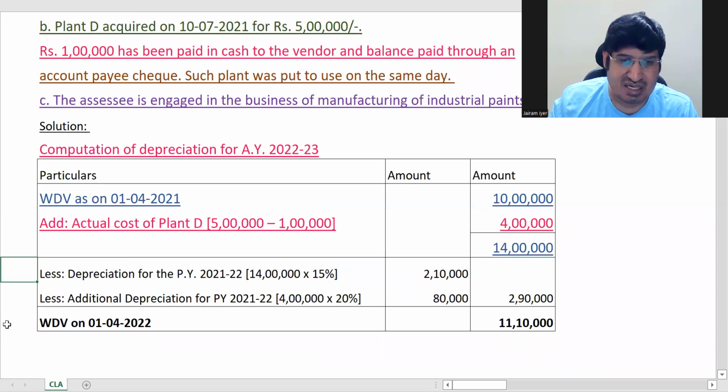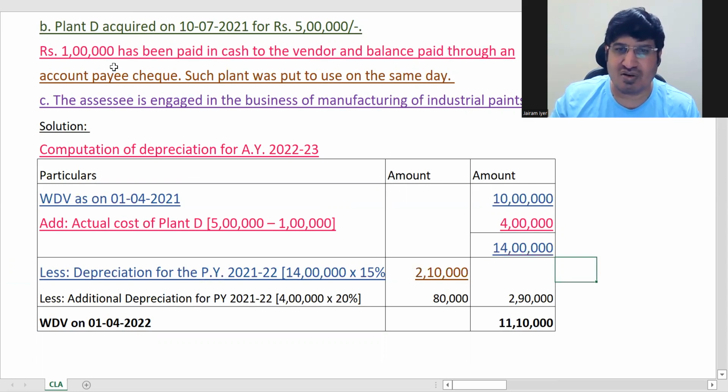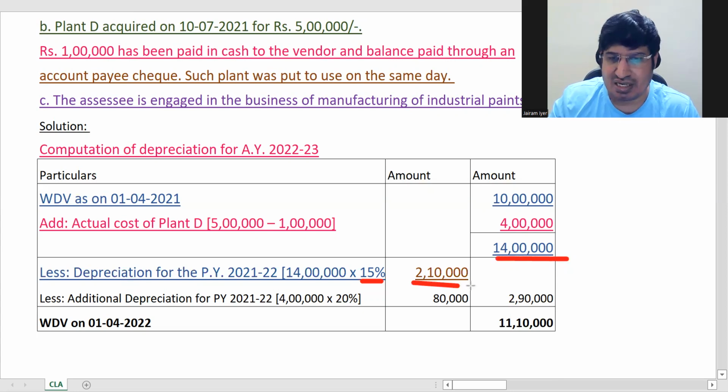The next is depreciation for previous year 21-22. This is your normal depreciation. You will give it for the whole 14 lakhs, into 15%, which becomes 2,10,000.